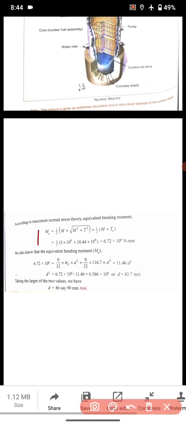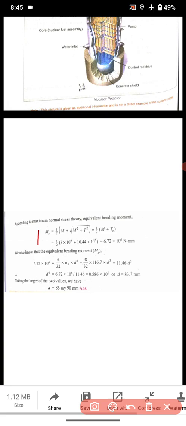Now the next part of the question, that is according to maximum normal stress theory or Rankine theory, the equivalent bending moment M is equal to 1 upon 2 m plus under root m square plus t square, which is equal to 1 upon 2 m plus t, and t we had already calculated.